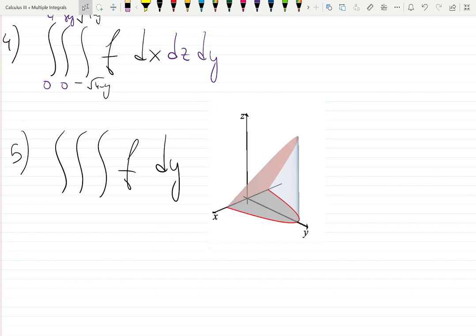Let's review again. We have z equals 8y plane. That will be important because now we can say in 3D y is changing from, y is my left to right 3D direction.